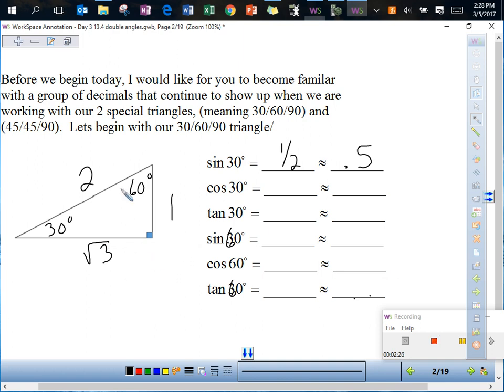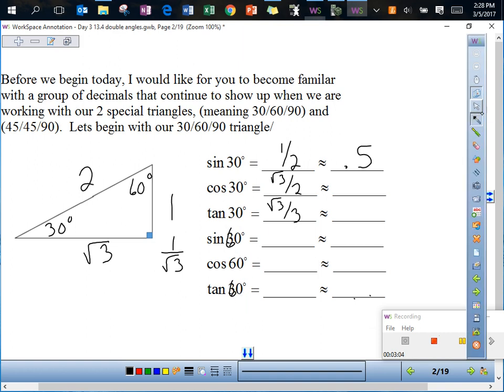That's going to be the adjacent over the hypotenuse. So it looks like I'm going to have radical 3 over 2. The tangent of 30, the opposite over the adjacent. So I'm going to have 1 over radical 3. Let's get rid of that radical 3 in the denominator and have radical 3 over 3. Now, I had a little typo here, so I corrected it.